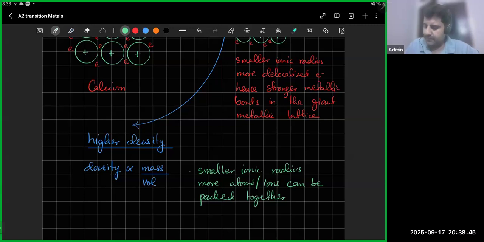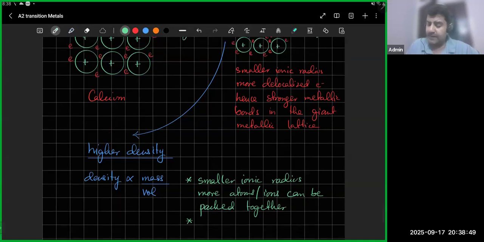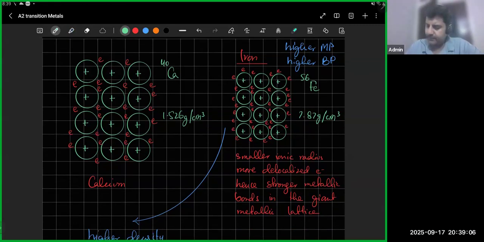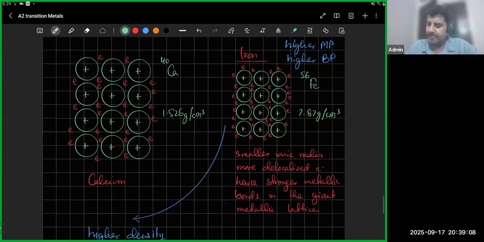And the second point is, not only can more of them be packed together, they also have a higher mass as well. Calcium has a mass of 40, right? Iron, on the other hand, has an atomic mass, if you just look at the protons and neutrons, close to 56. I mean, the exact average mass is around 55.8, rounding it off, 56.